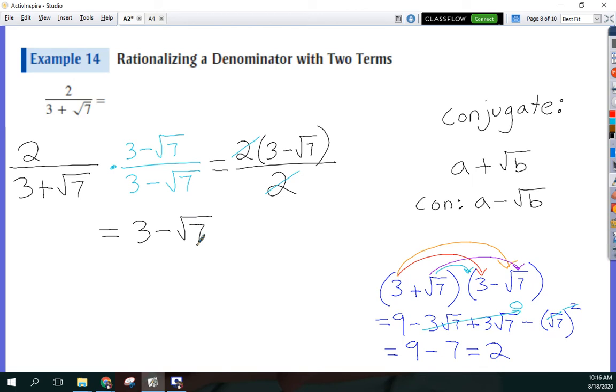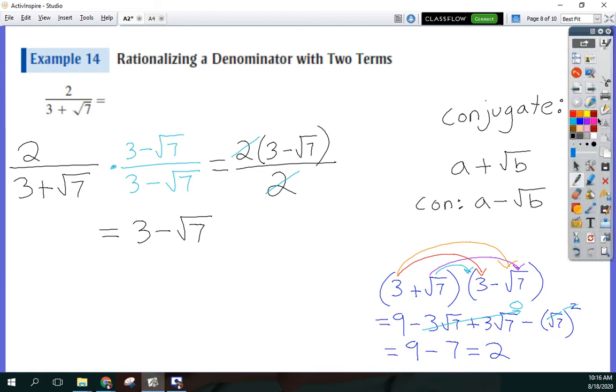Our denominator here is now technically 1, which is a rational number, so we did indeed rationalize the denominator like it asked us to do. So that would be our final answer.